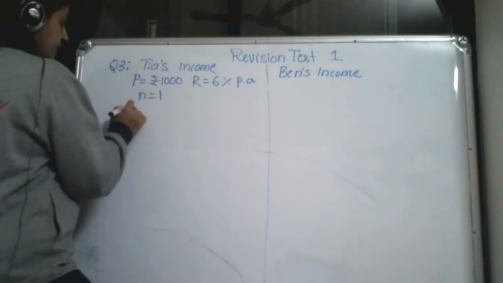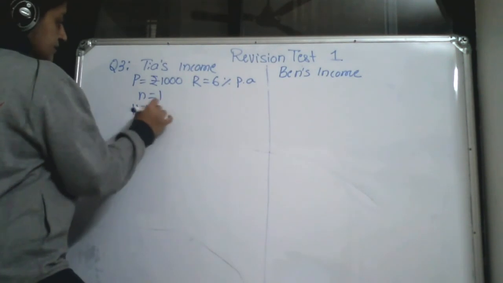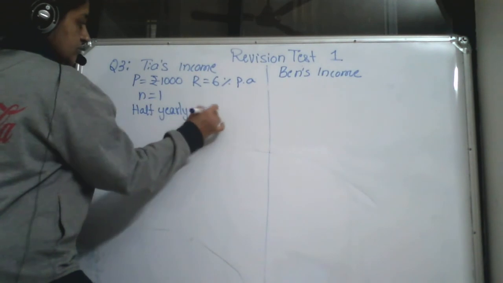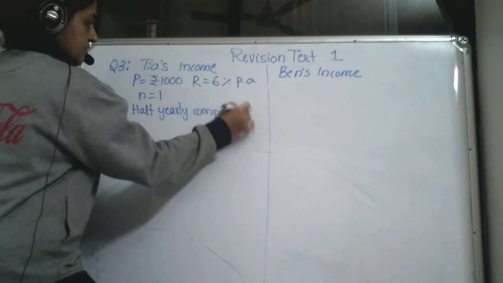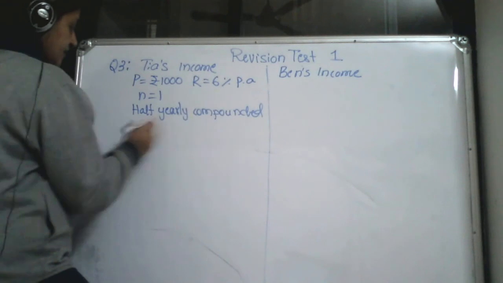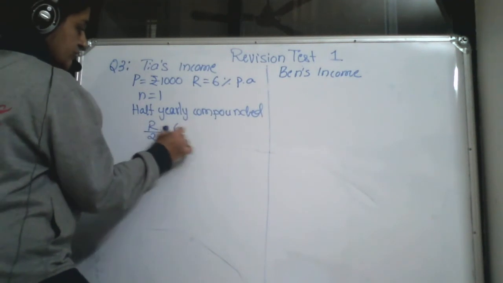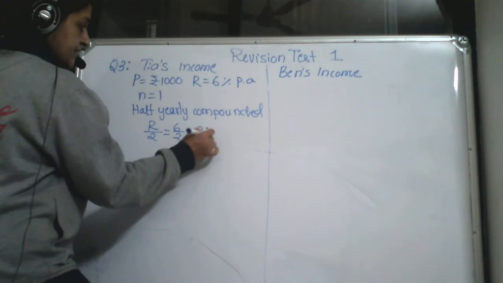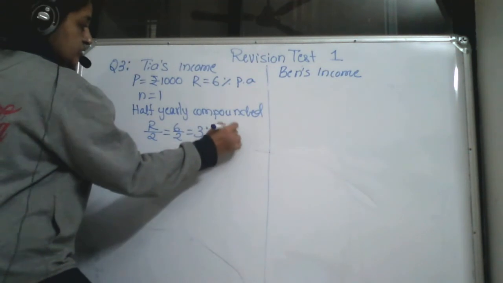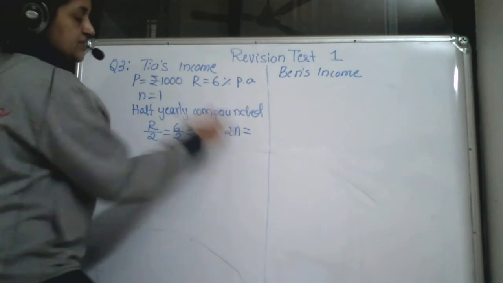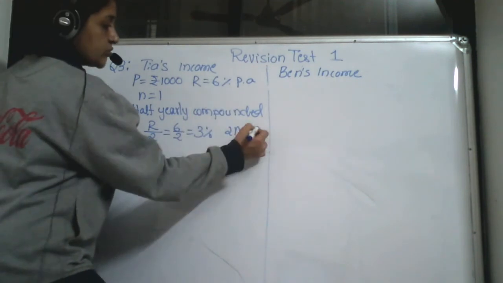Now here we have half yearly compounded. Whenever it is half yearly compounded, R will become R upon 2, that is 6 upon 2 is equal to 3%, and 2n should be counted. Why? Because n is number of years, 2n is number of half years, so 2n will become what?